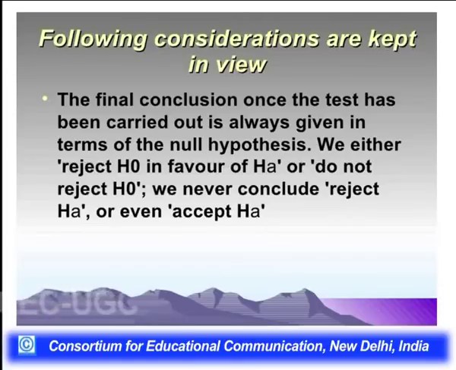Now we have another statement in front of us. The final conclusion, once the test has been carried out, is always given in terms of the null hypothesis. We either reject H0 in favor of the alternative hypothesis, that is HA, or do not reject H0. So we never conclude reject HA, or even accept HA.